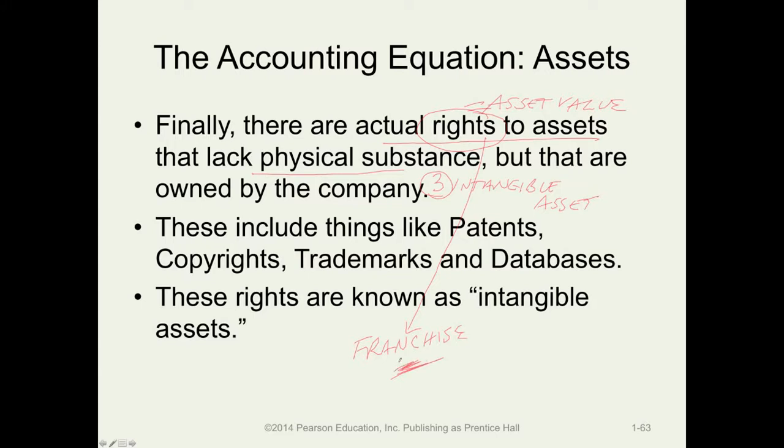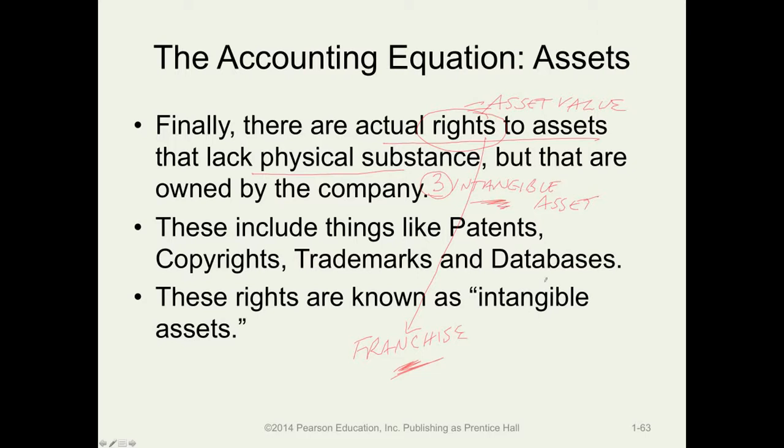So you buy a franchise to sell McDonald's. So you pay money to obtain a piece of paper that gives you the right to sell the McDonald's product. So although it is not tangible, there is a document that gives you the right to sell this product, and that right has value. So these are another type of asset, an intangible asset.